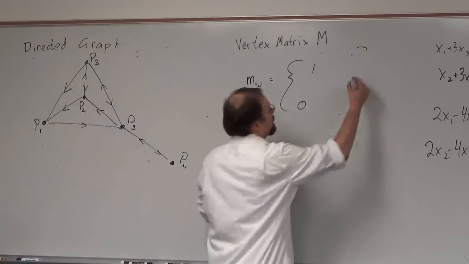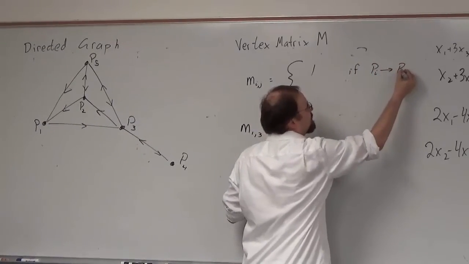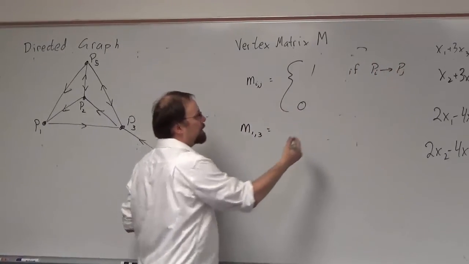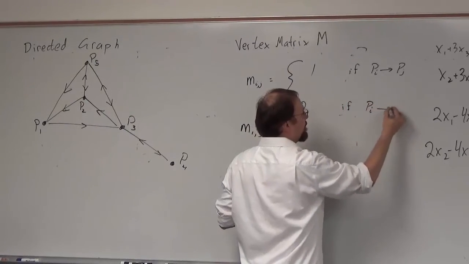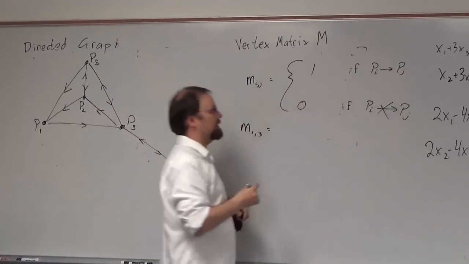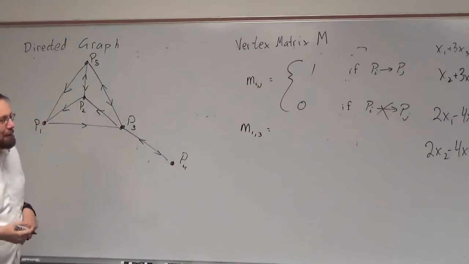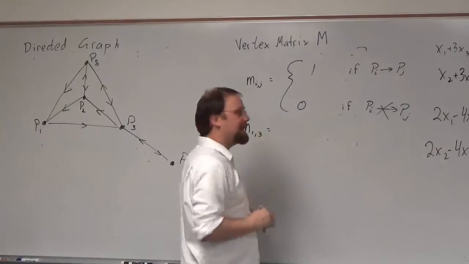So if there's an edge from pi to pj, it's 1, and 0 if you can't get from pi to pj in one step.